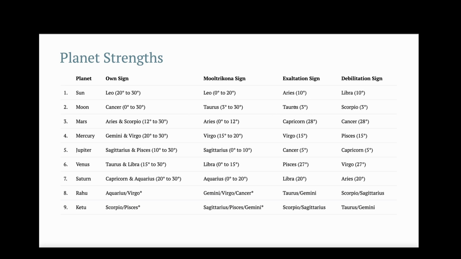The degree mentioned in this table is the degree where the planets are considered to be in their own sign, or in their Mool Trikona sign, and also the degree where the planet is considered to be at its peak exaltation or its peak debilitation. We need to know about own sign, Mool Trikona and exaltation signs, because we will need this information while calculating the relationship between planets.